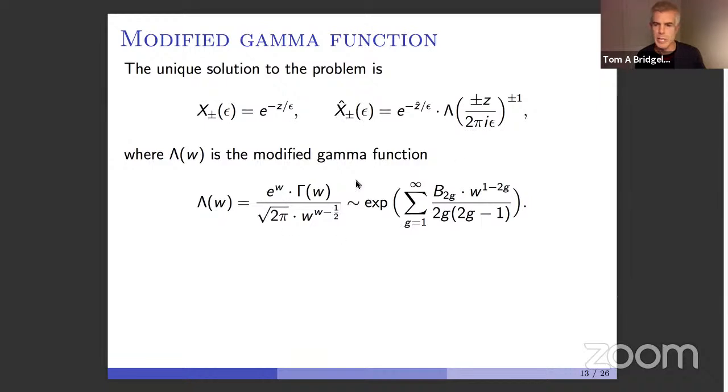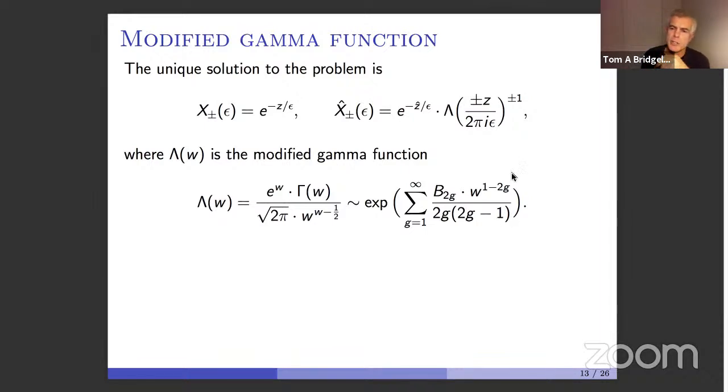So it's not quite the gamma function. All this stuff is the sporadic part of the Stirling expansion, right? So you just take that, exponentiate it, so you get something with a simple asymptotic series.